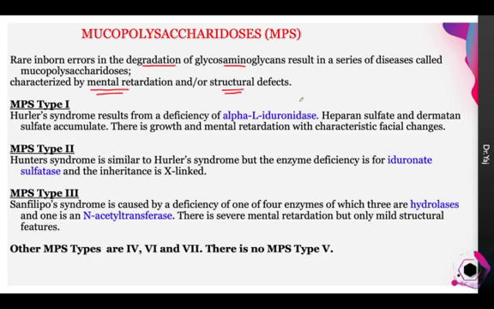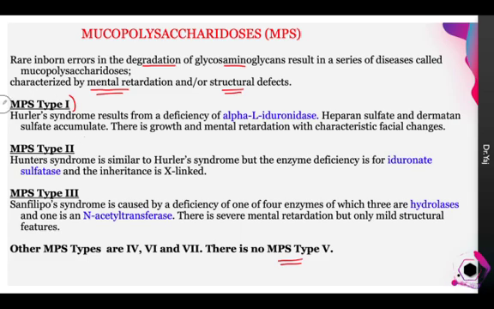That means there is both mental retardation and structural defects that are observed. They have been classified into MPS 1, 2, 3, 4, 6 and 7. Unfortunately, there is no MPS type 5, and we need to know some of the disorders in a bit of detail, especially with regards to what is happening in these disorders.